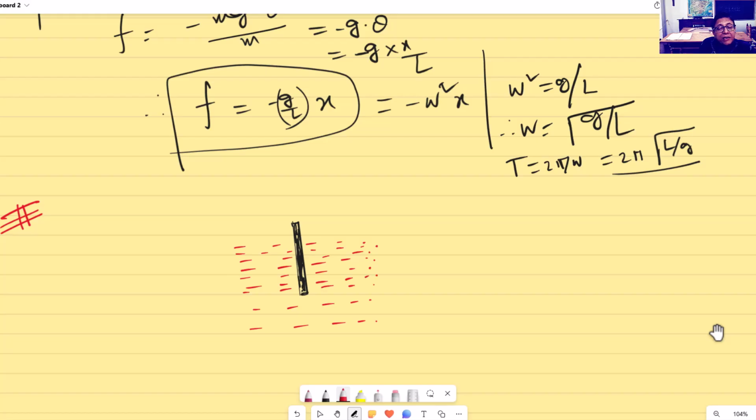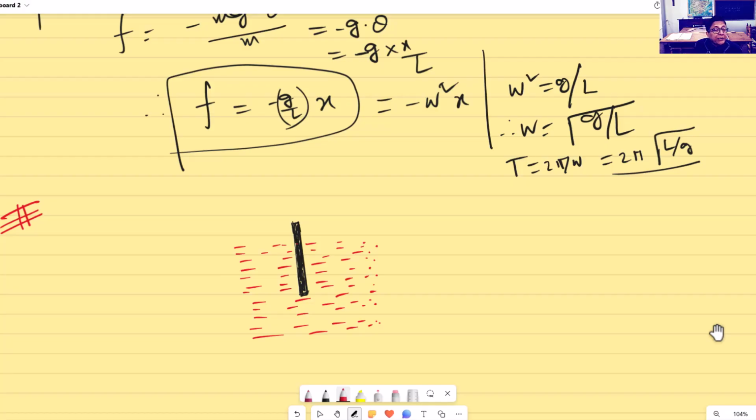If the cylinder is pushed inward slightly and then left, then the motion will be simple harmonic. How the motion is simple harmonic, that we are going to prove. Okay?